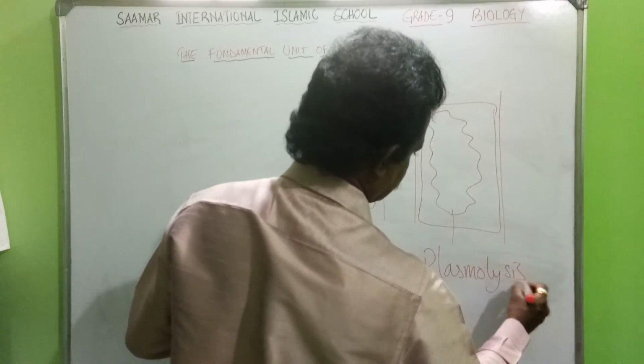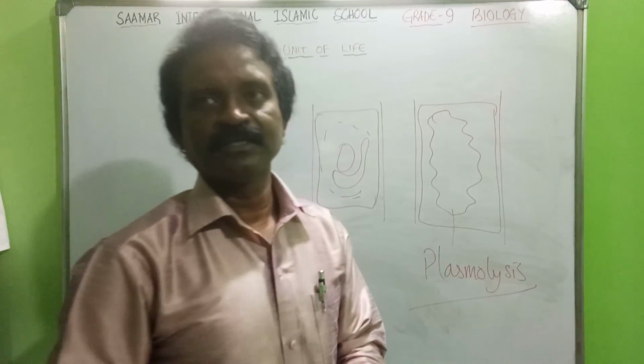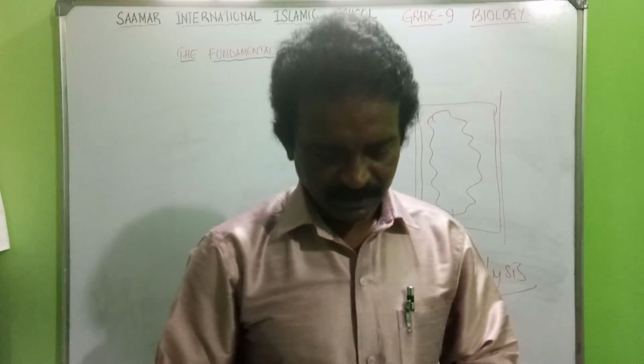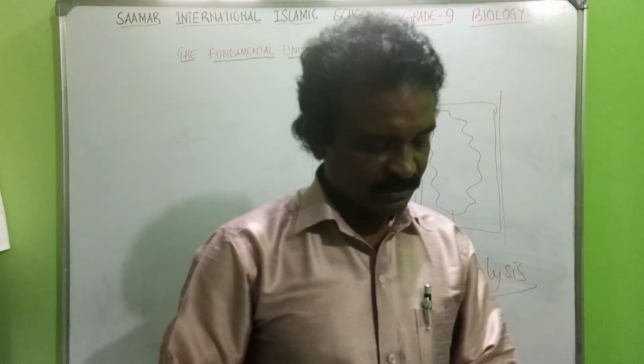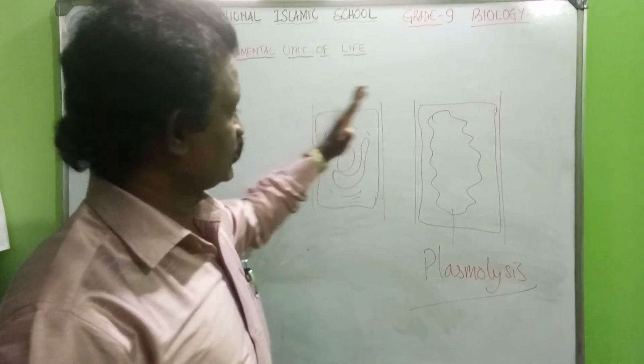Is it clear? What is plasmolysis? Shrinkage of the cell takes place. It's called plasmolysis.